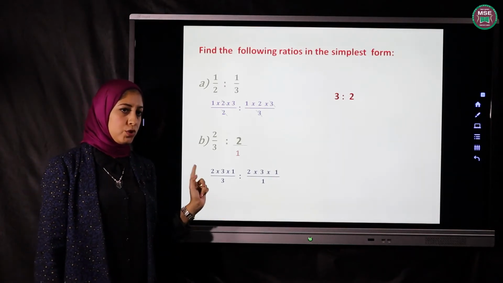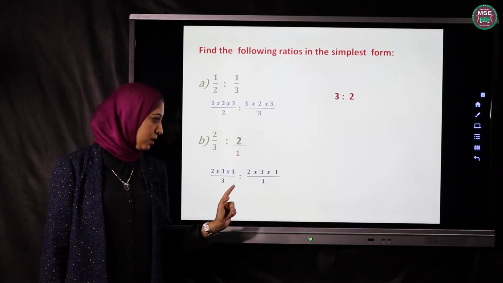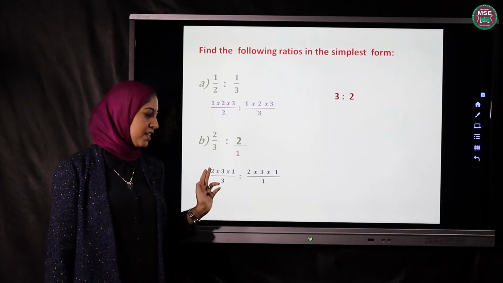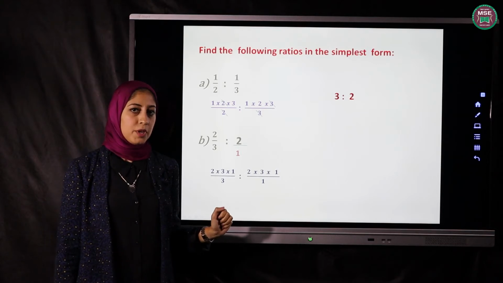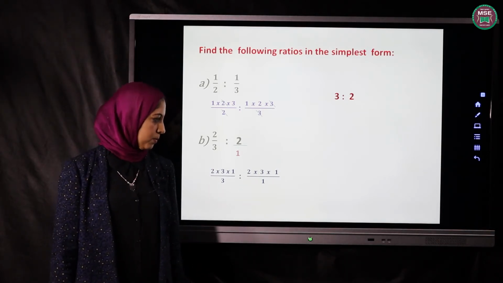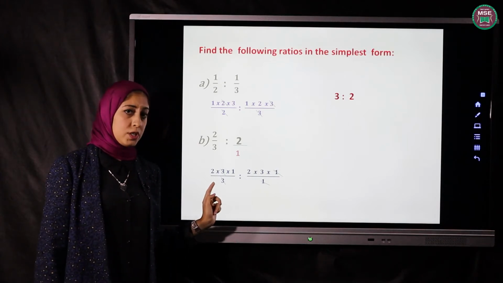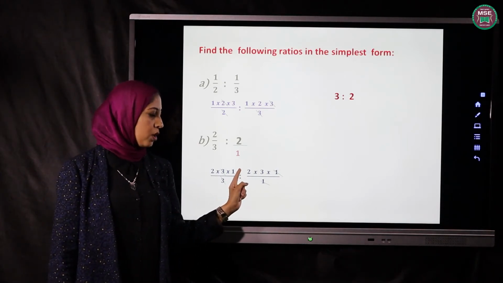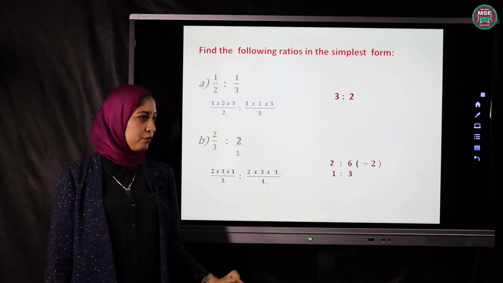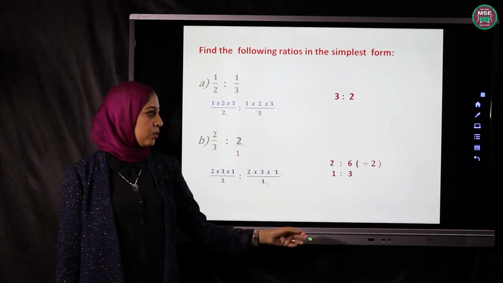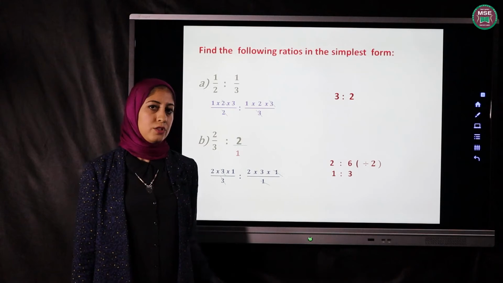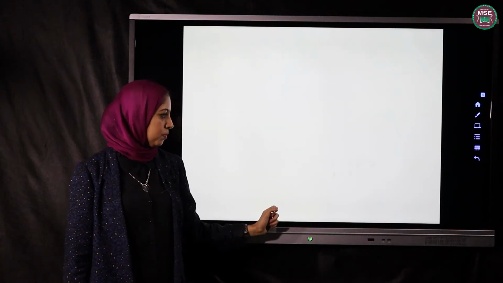The answer will be 2 times 3 times 1 over 3 to 2 times 3 times 1 over 1. I have common numbers now up and down. I will cancel the common numbers together. Cancel 3 with 3 and 1 with 1. Now I have the first side 2 times 1, the second side 2 times 3. The answer will be 2 to 6, but I have to simplify it by a common number. What is the common number between them? 2. So I will divide by 2. The answer will be 1 to 3.